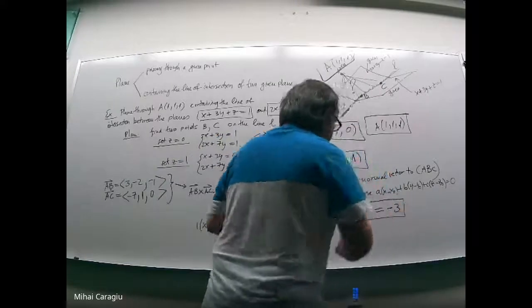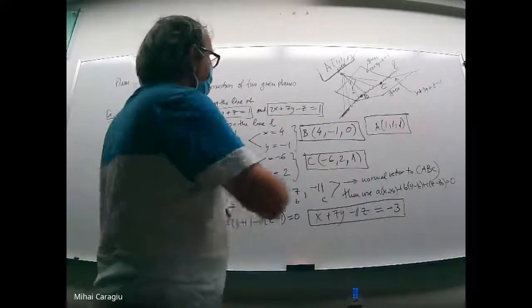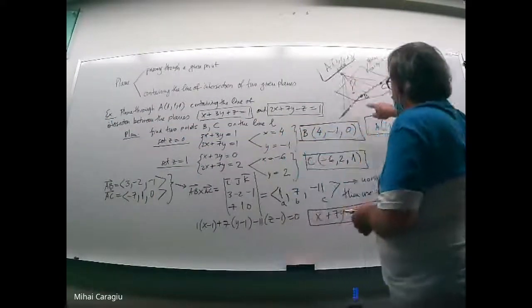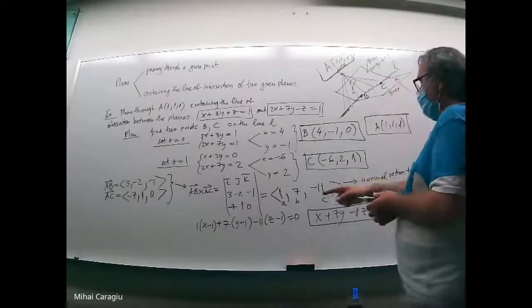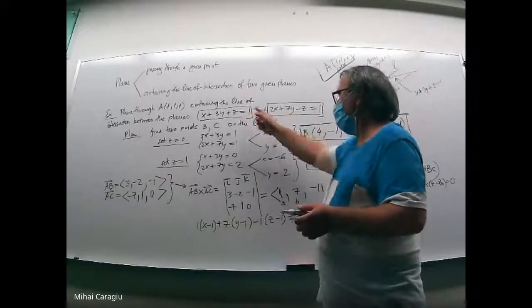So this will be the equation of the plane passing through the point A (1, 1, 1) and containing the line of intersection between those two given planes.